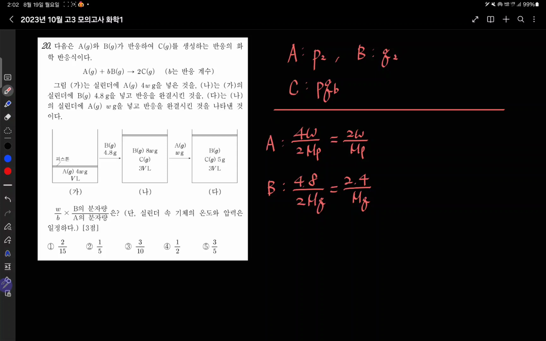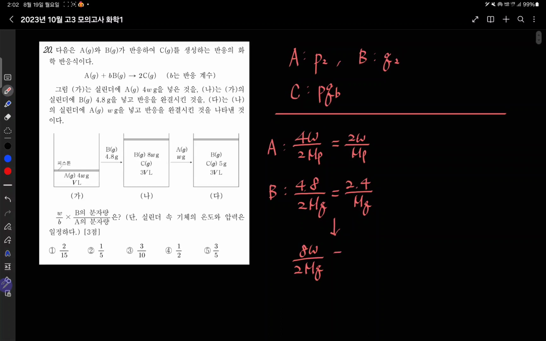In terms of moles, that's divided by 2 times atomic weight of Q. That comes from 2.4 over MQ minus b times the amount of mole of gas A molecule consumed according to the coefficient.